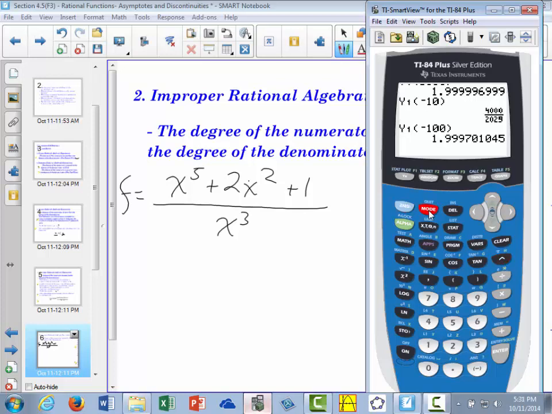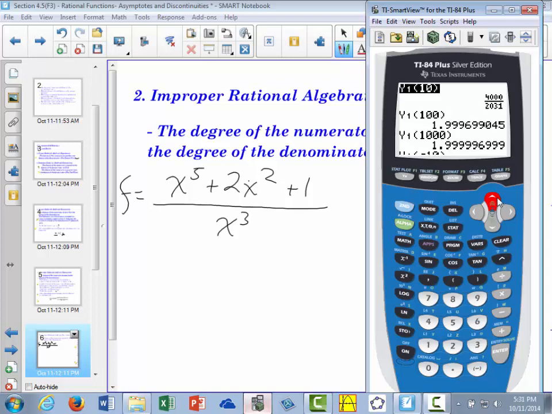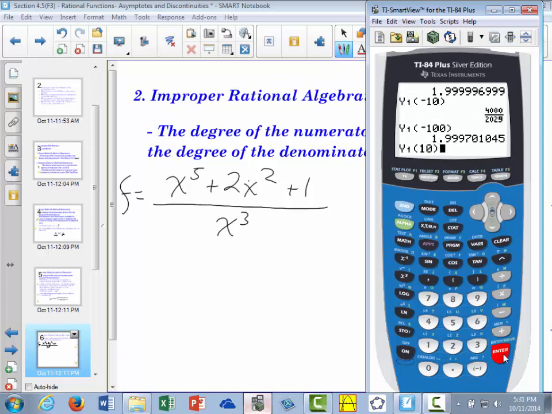Okay. Now let's try some values here. Throw 10 in there. We're going to get a number, wow, 100,201 divided by 1,000.